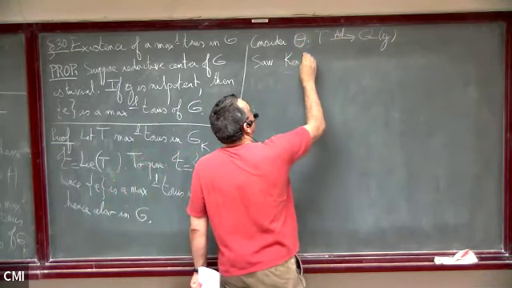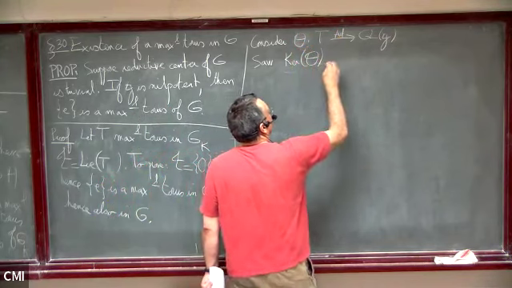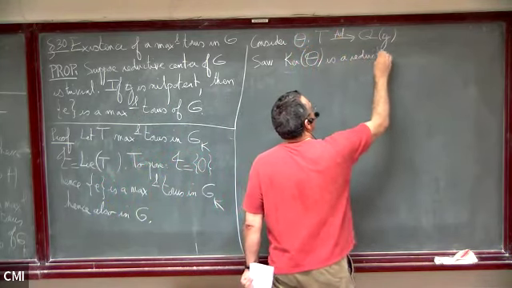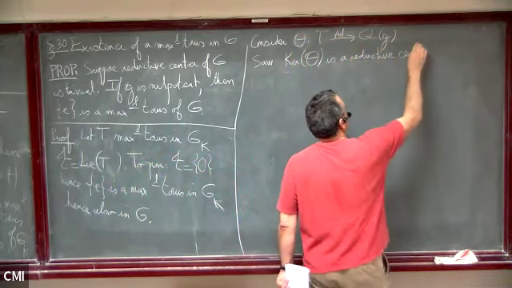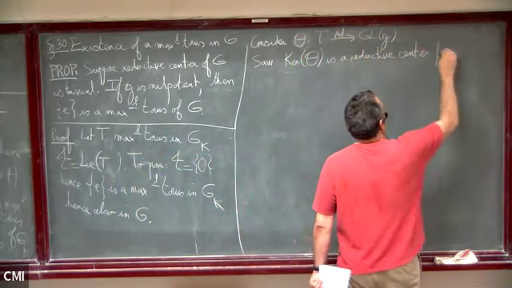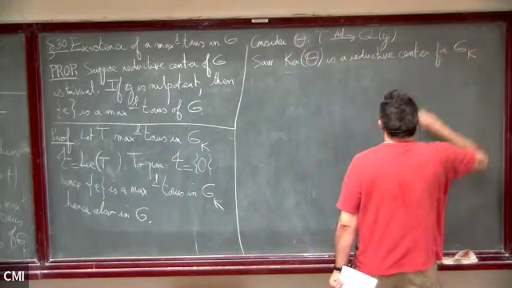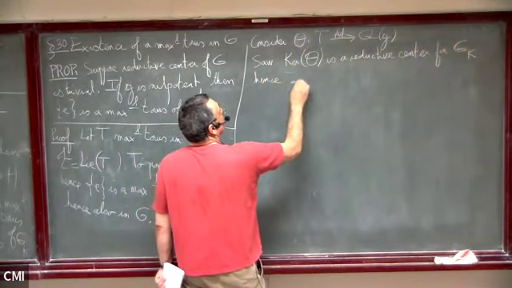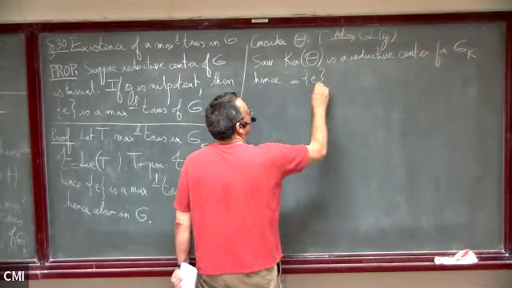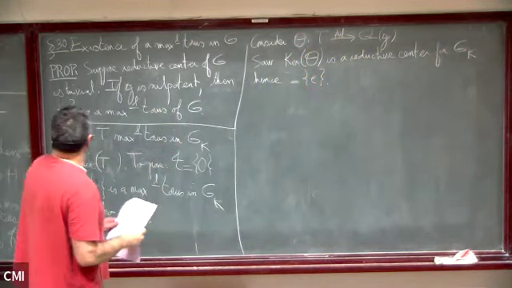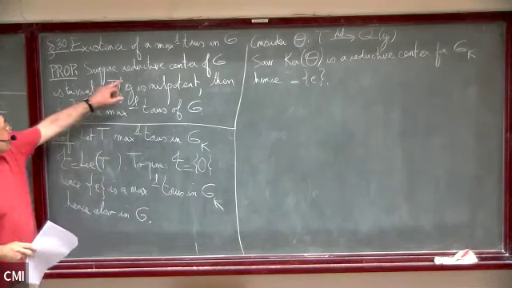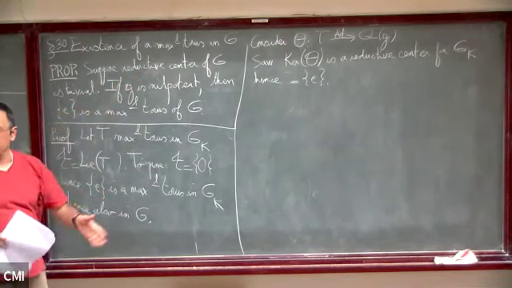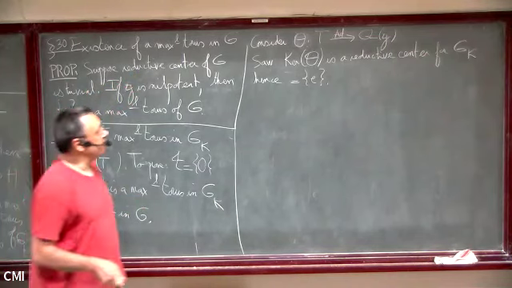And we saw that the kernel of theta is a reductive center for G_K. Hence it is a trivial group, because by assumption the reductive center of G is trivial, and reductive center is preserved by base change.